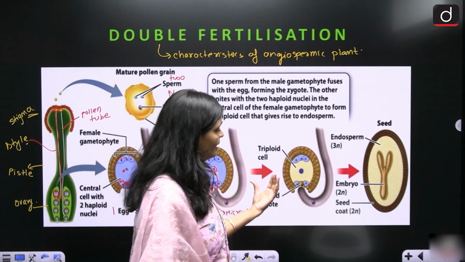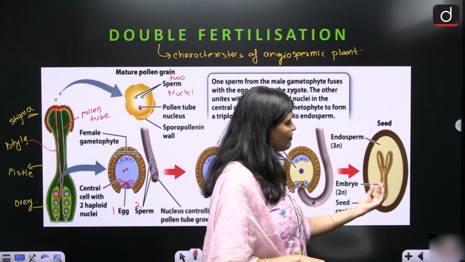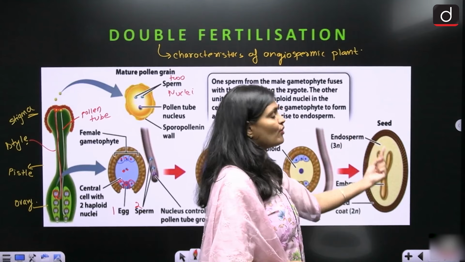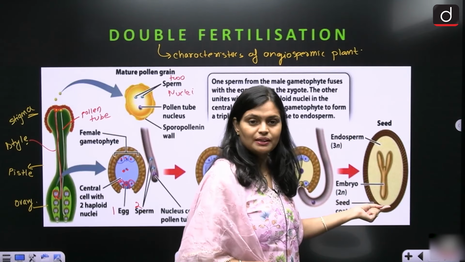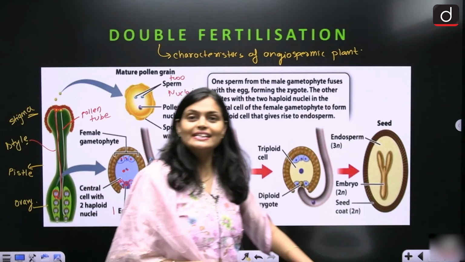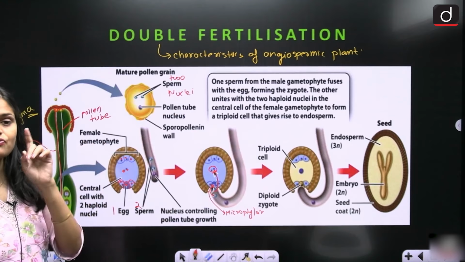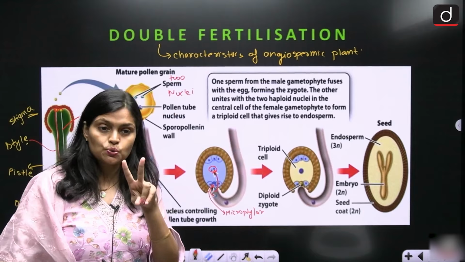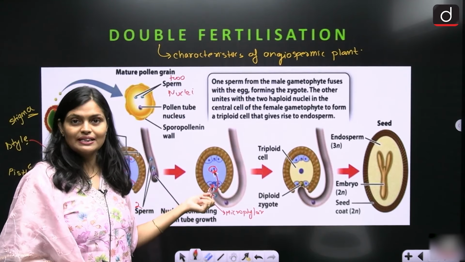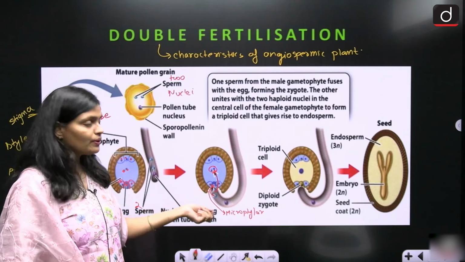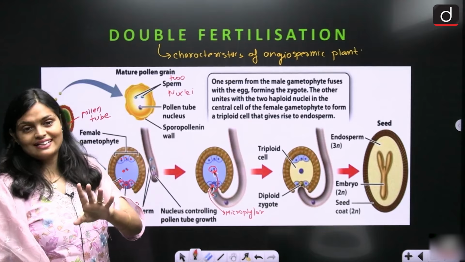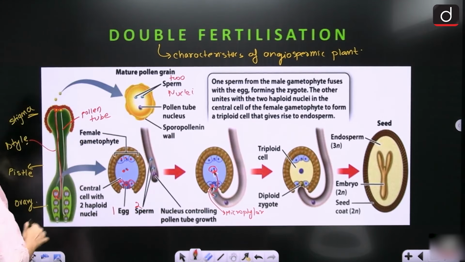Ultimately this diploid zygote converts into the embryo and this triploid cell forms endosperm, and ultimately you will get a complete seed. Since fertilization takes place 2 times, first the sperm nucleus fuses with the egg, secondly the sperm nucleus fuses with the polar nuclei, it is called double fertilization. Am I clear?